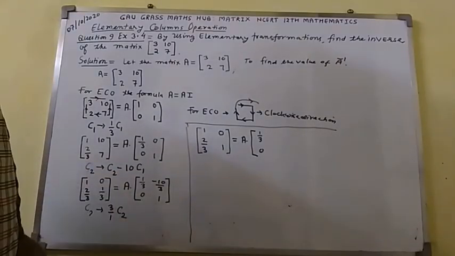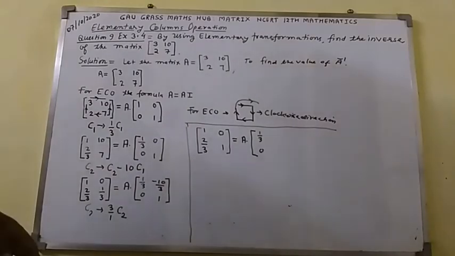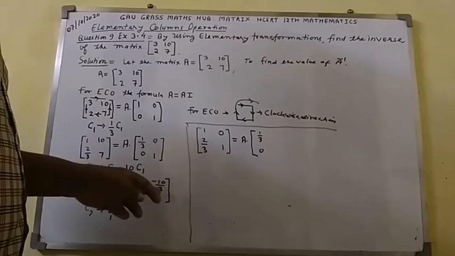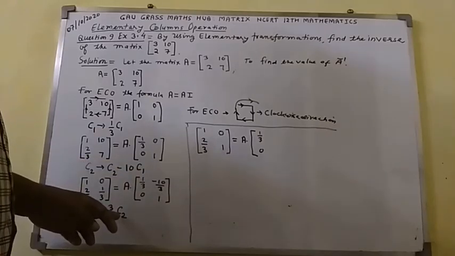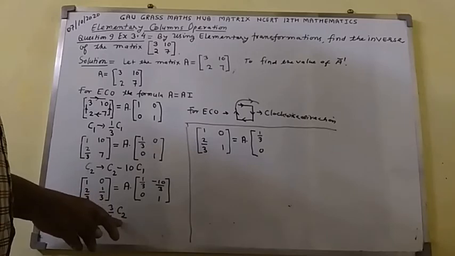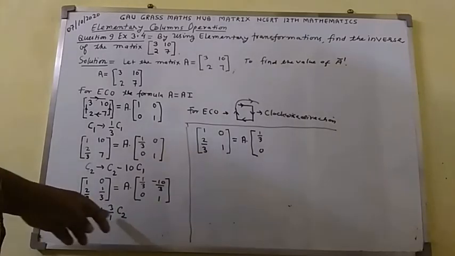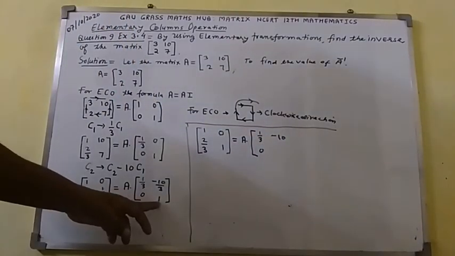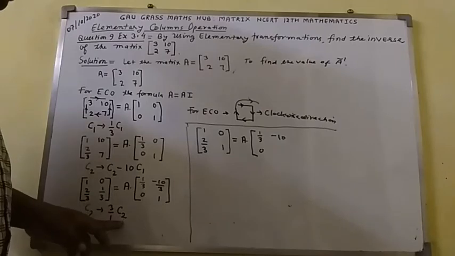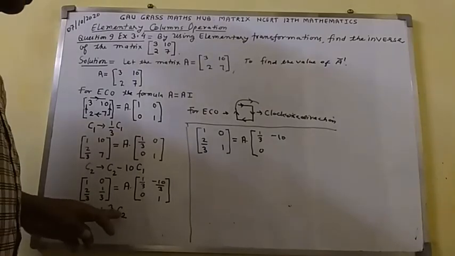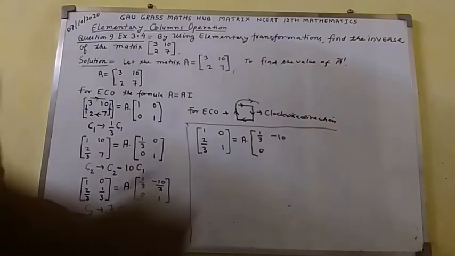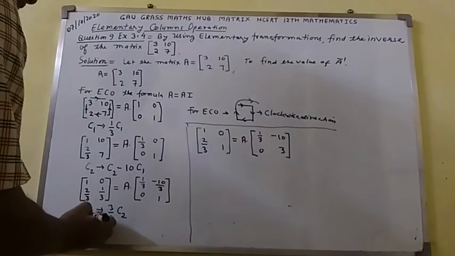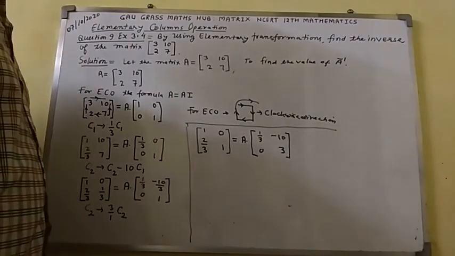Only changes will occur at this place. For this element, minus 10 over 3, the value of C2 will be minus 10 over 3. So this 3 will be cancelled out, and we get minus 10. Here write minus 10. And for this element, if you put 1, 3 will multiply with 1, and you will get 3. So here write 3. The bracket will be closed here.